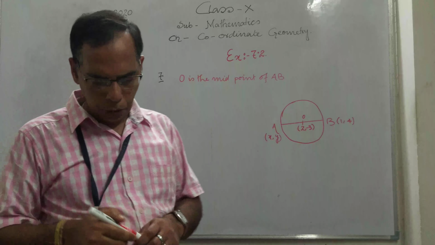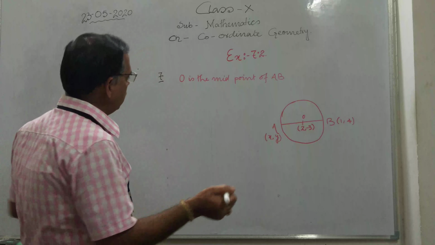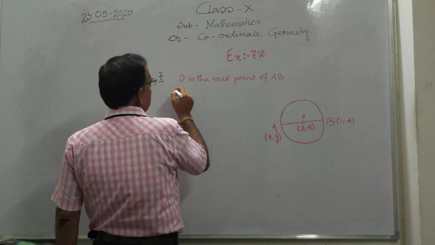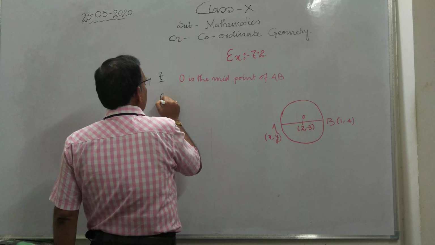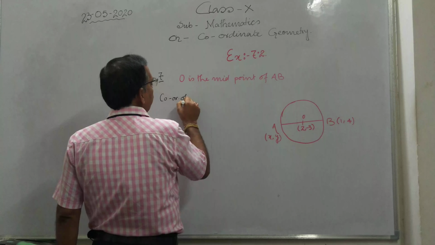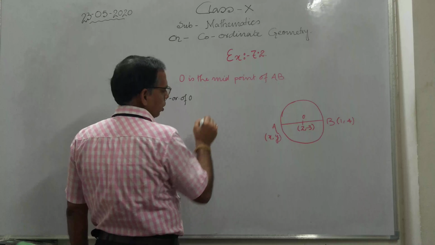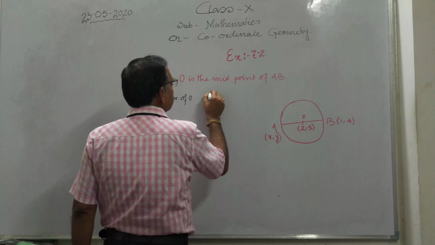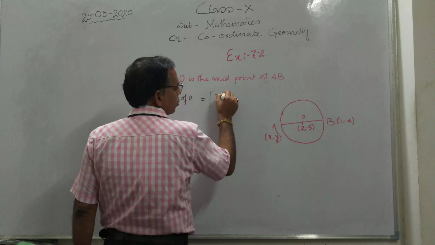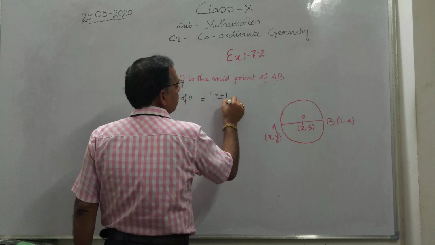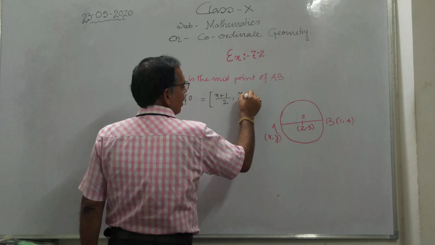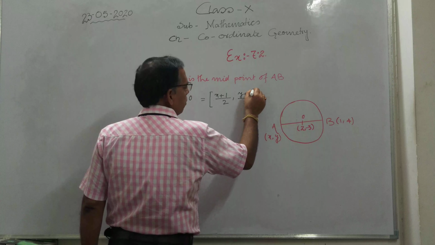If O is the midpoint of AB, then you see, the coordinate of O equal to x plus 1 divided by 2, y plus 4 divided by 2.